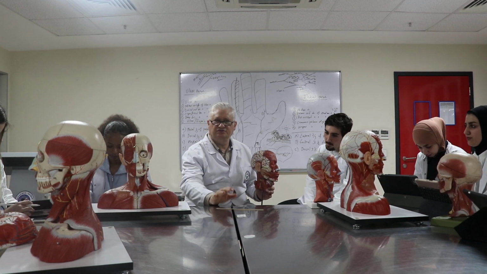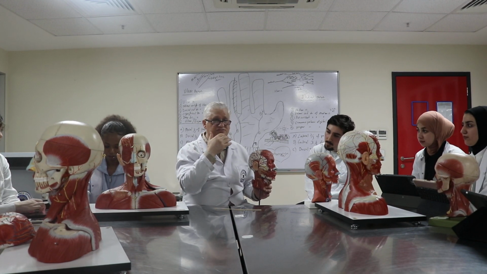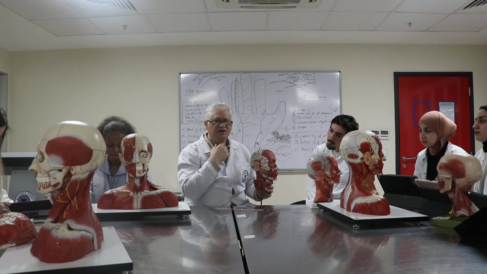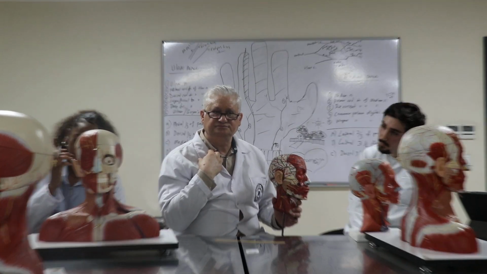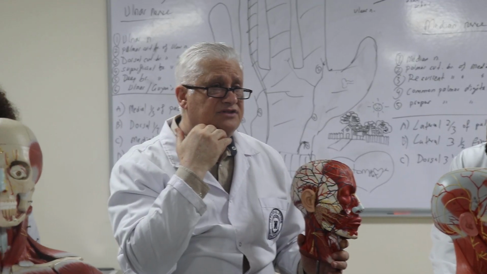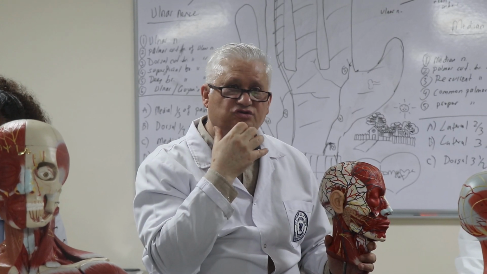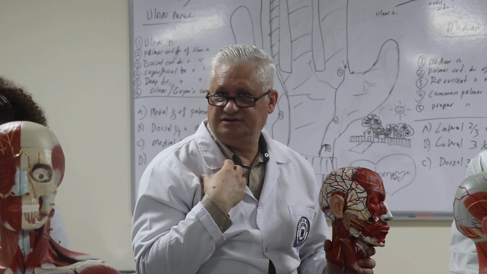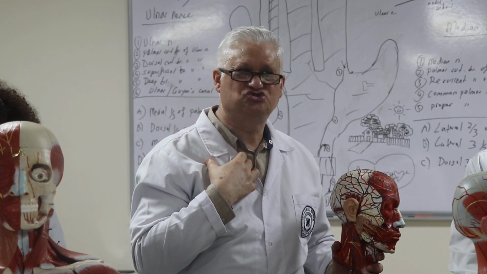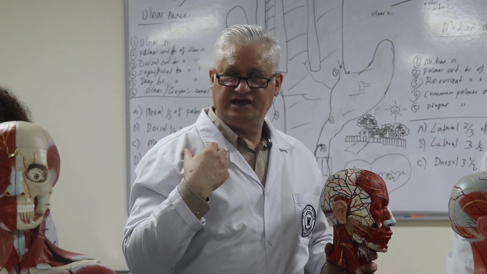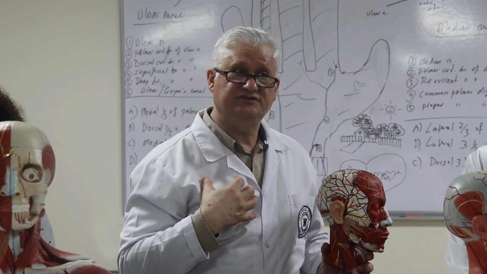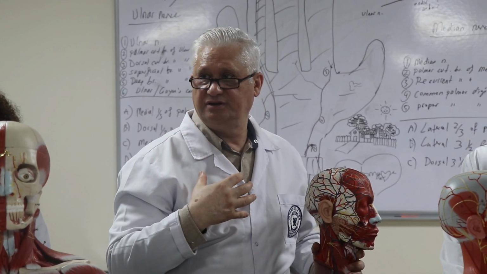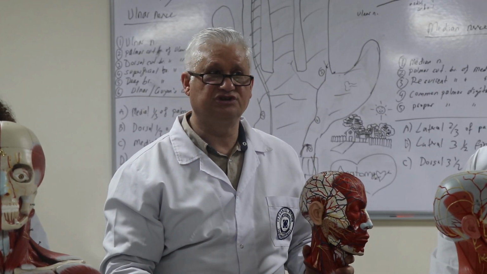Sometimes you have the origin and the insertions around here, so it tightens your neck. But when the mandibular area, the insertion, becomes fixed, then part of it attaches to the sternum and the clavicle, so it basically lifts the clavicle up, and that is also involved in respiration.